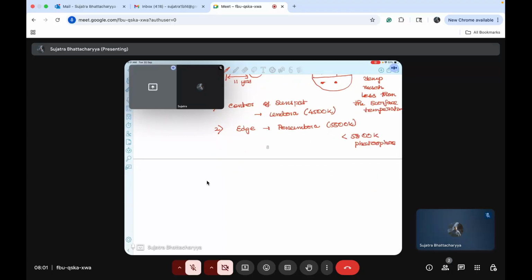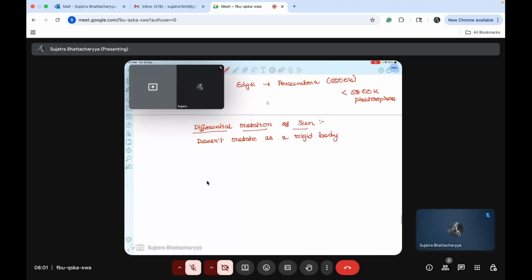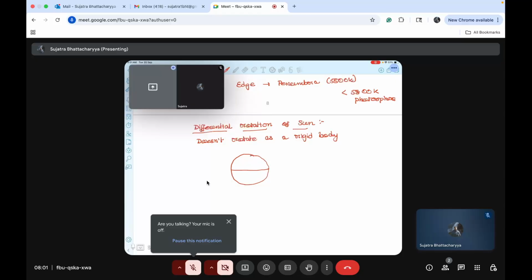And these solar activities happen due to the differential rotation of the sun. The sun does not rotate as a rigid body. If you have this as the sun and this is the equator, the poles generally move slowly and the equator moves faster.